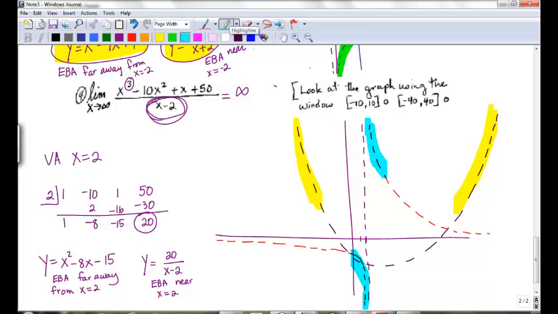And if you need to, turn the asymptotes off to see the graph the first time and then turn them back on, that's okay. Put in x to the cube minus 10x squared plus x plus 50, put that in parentheses and then divided by parentheses x minus 2.